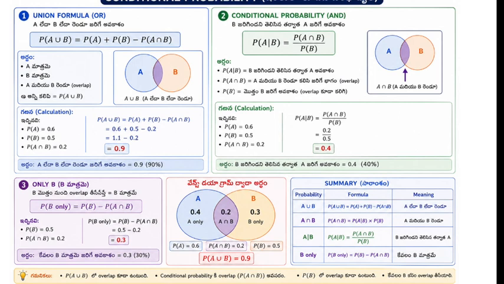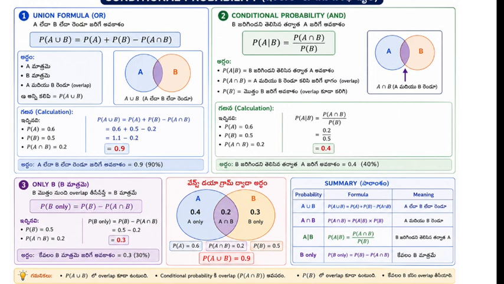So conditional probability is calculated by a formula. If you want to know the probability of one event happening, and that event affects the other event, then we use conditional probability.